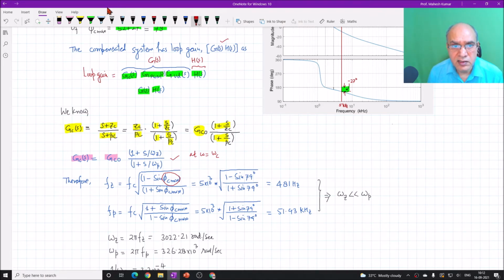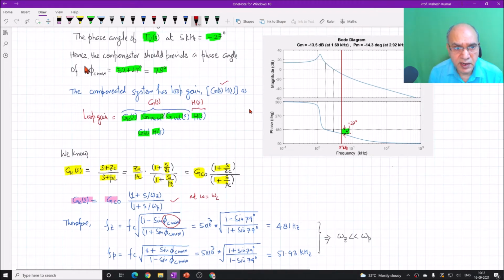We just found earlier, this must be the phi max here. This is from the requirement of the overall phase margin of the compensated system, plus the 27 degree additional because it has a negative angle at 5 kHz. So that had to be adjusted.